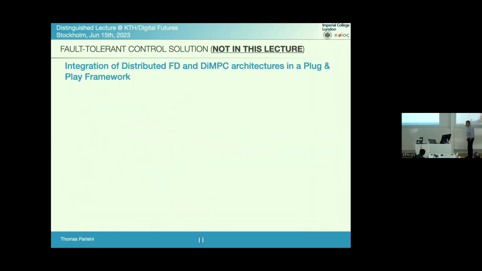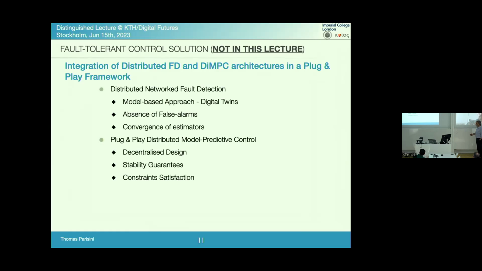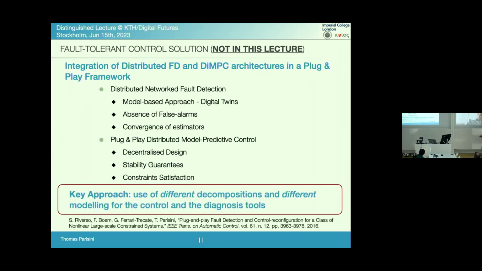So that is the reason why we work in this way, and eventually you can get to a complete fault-tolerant control solution. I'm not going into the control in this talk, okay? But the important point I want to make is that there is a solution we already developed, a kind of plug-and-play solution, where the key point that we developed in one of my not very recent papers is the fact that you can really build something that is plug-and-play, okay?